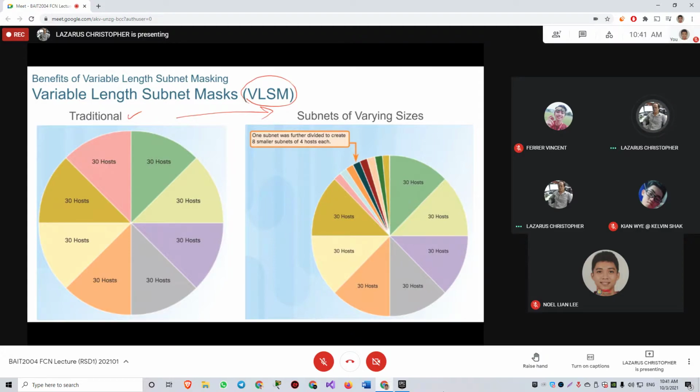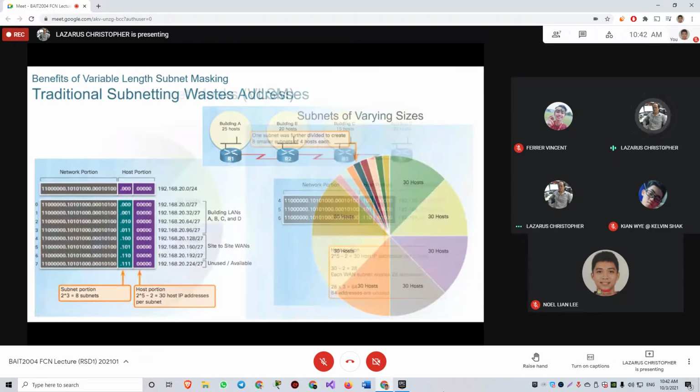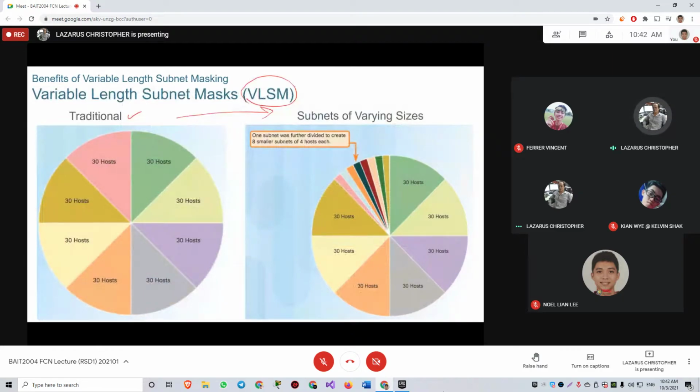So you subnet, then you take one subnet and subnet that subnet again, right? Then you have smaller pieces, smaller subnets. Smaller subnets here means the number of hosts in that subnet is smaller. Then you take the smaller subnets and assign them to those that require smaller subnets.